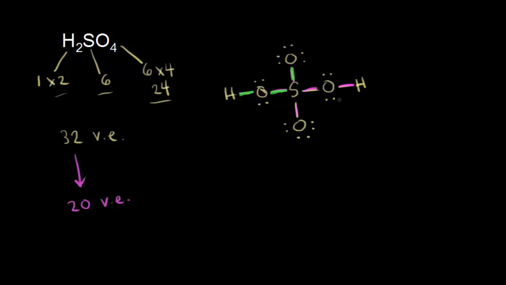Let's see, how many electrons did we just represent there? Well, we had 6 on the top oxygen, 6 on the bottom oxygen. That's 12. And then we had 4 on the left and 4 more on the right. So that's 8. So 12 plus 8 is 20. So we've now represented all of the valence electrons that we needed to show.